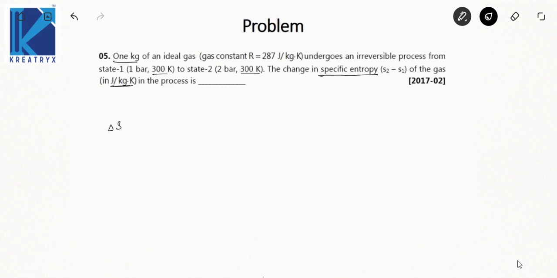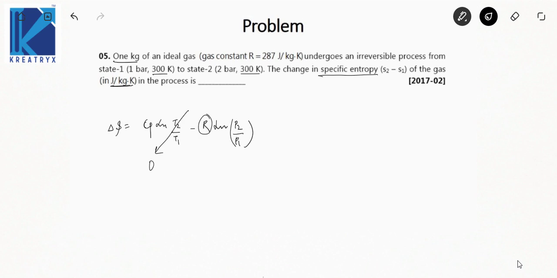Delta S, directly formula based again. Delta S is equal to Cp ln T2 by T1 minus R ln P2 by P1. Okay, this is the formula. We have read this formula. T2 by T1, T is the same, so this value becomes 0.